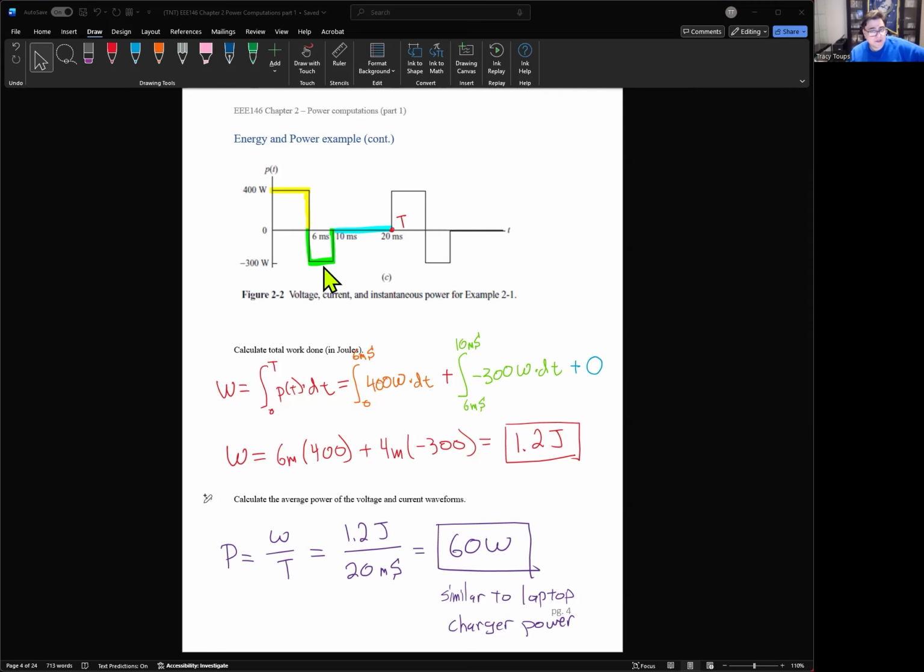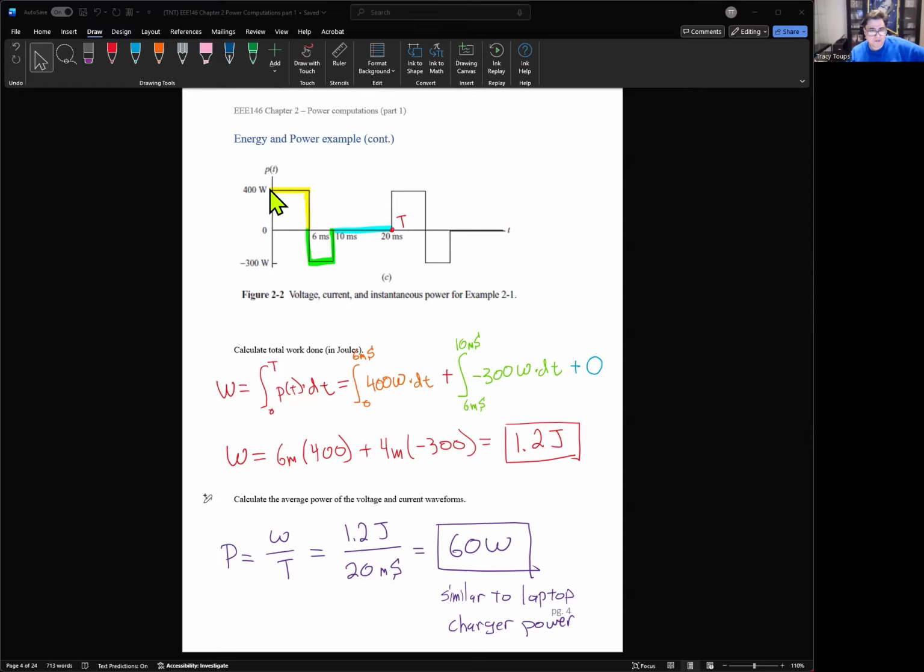Remember, total energy is counting from 0 to the end where it repeats itself, in this case 20 milliseconds. So we're going to add up instantaneous power across this whole area. But it's cut into 3 pieces.